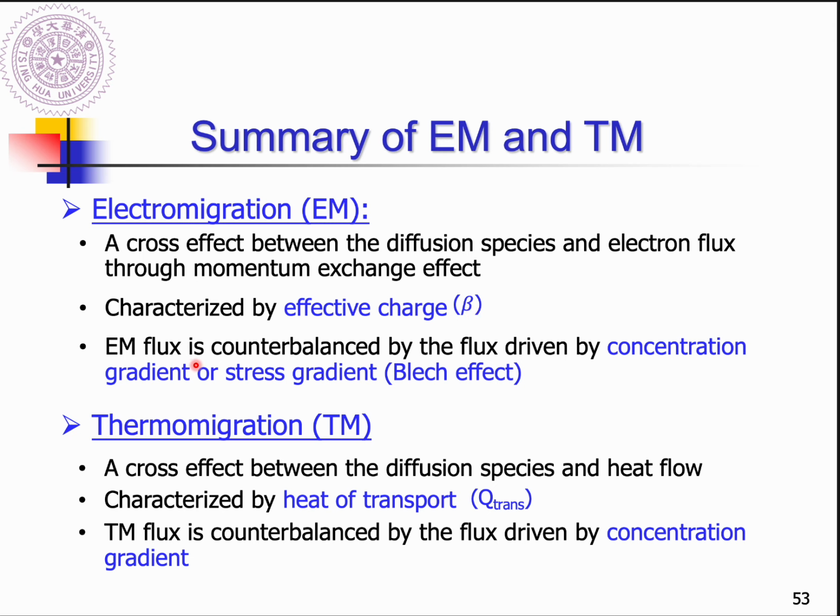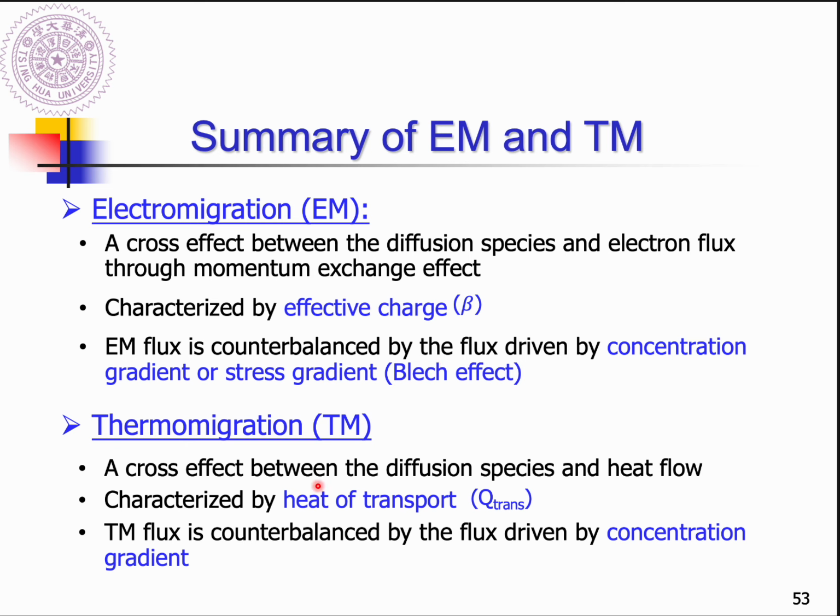And Em also can be counterbalanced by the concentration gradient and the stress gradient. And we also gave you some examples here. But as long as the current density increases dramatically, the concentration and stress gradients cannot counterbalance them, then you can observe extrusion and void formation in your materials. That's what we don't want to see, right? We want to avoid that, right?